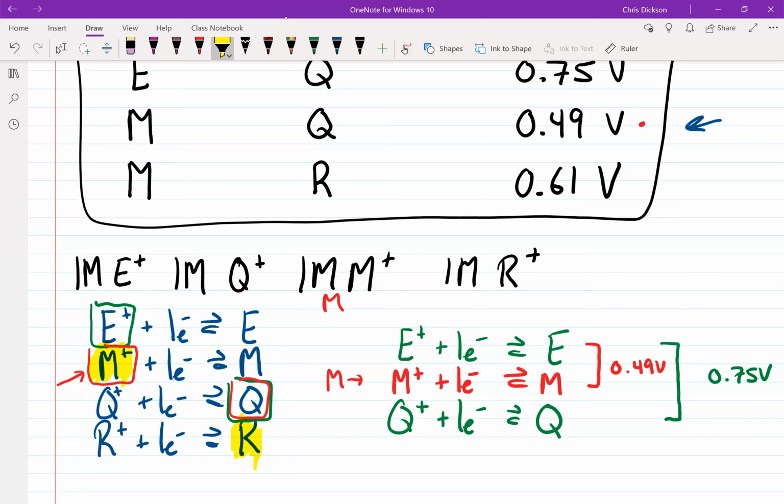Let's do a little bit of math on this. I knew that it was 0.75 from E to Q. It's 0.49 from M to Q. So if I subtract 0.75 minus 0.49, I get 0.26 volts. Okay, I'm told that the voltage here is actually 0.61 volts, so that's definitely more than 0.26.